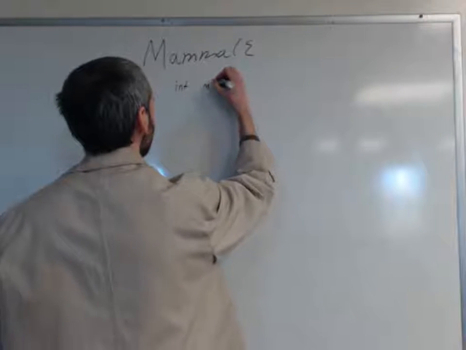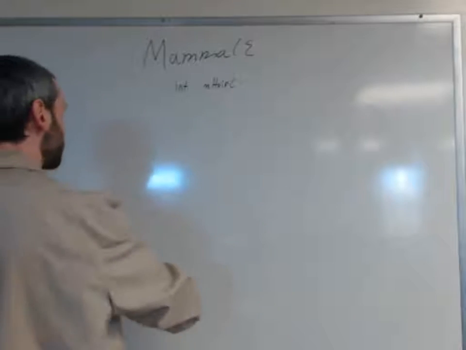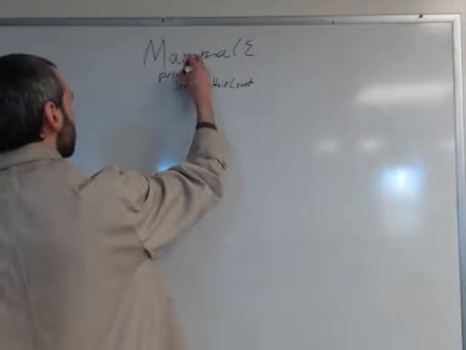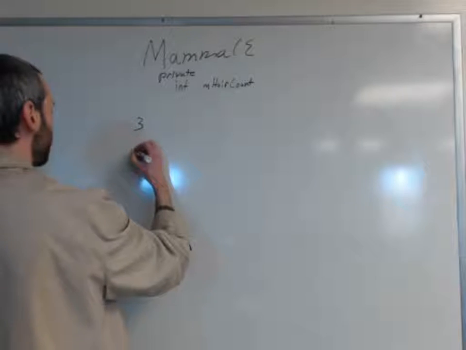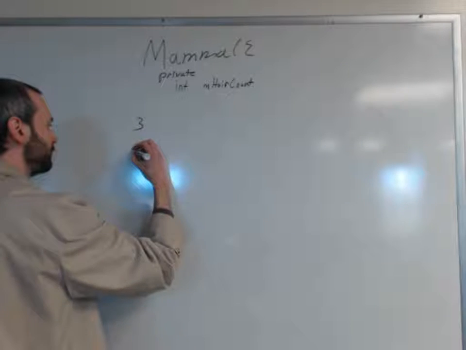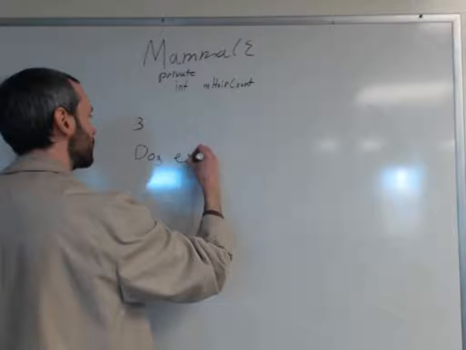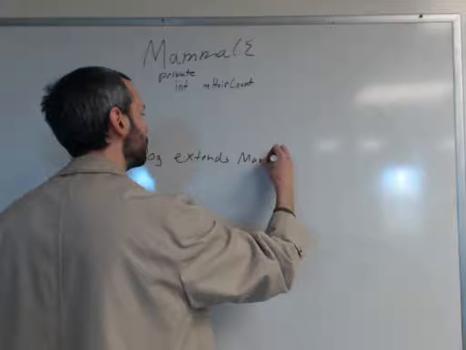So we'll put int hairCount, and if that is private, int hairCount, and then you have Dog extends Mammal.